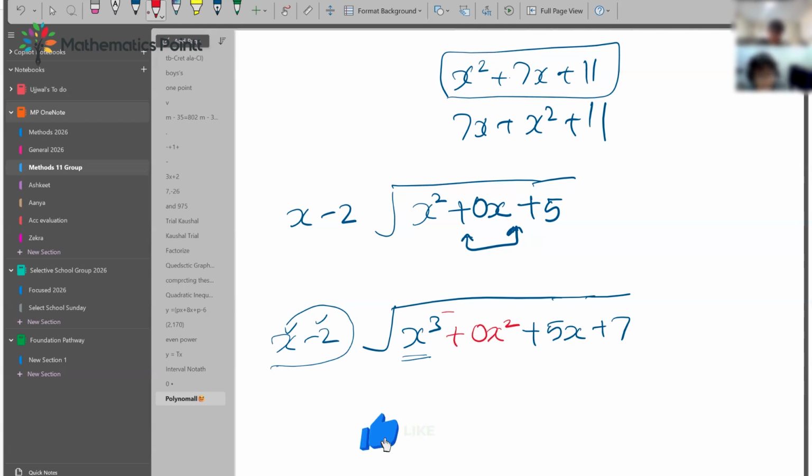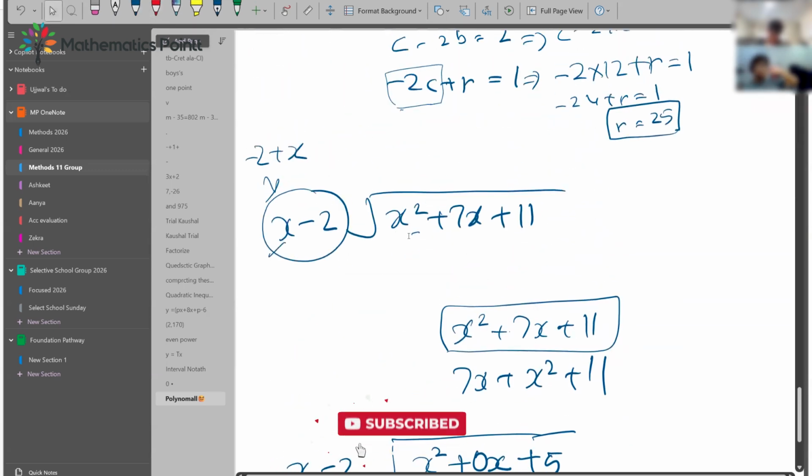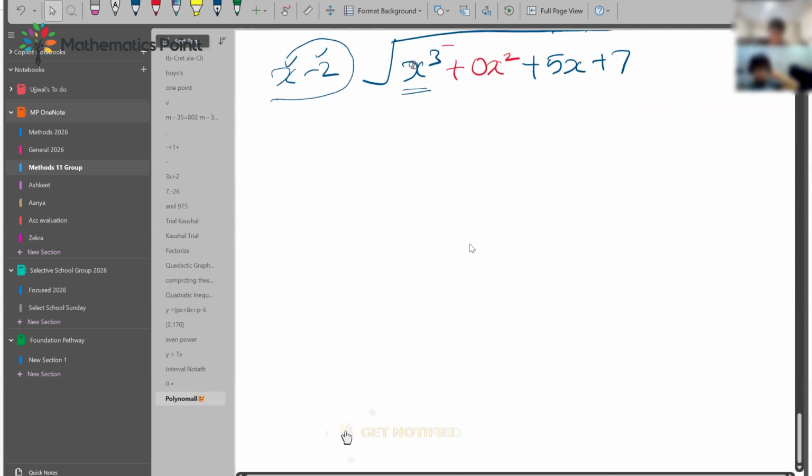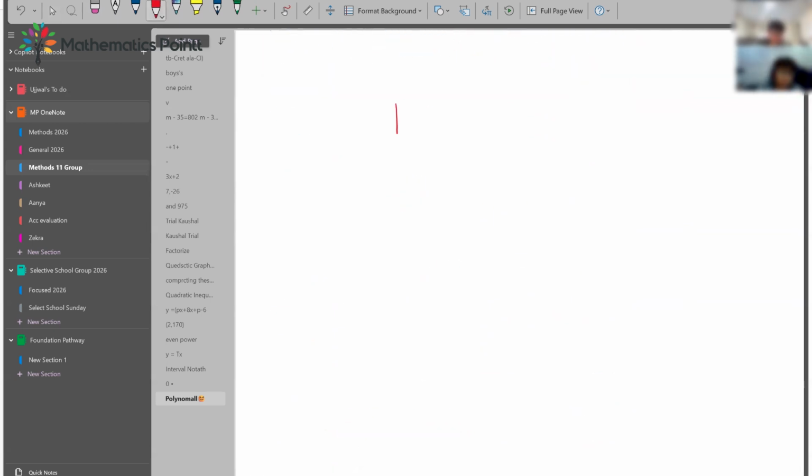That's number one. With that in mind, let's quickly do this one: x squared plus 7x plus 11 divided by x minus 2. Okay. Has the school picked this one up yet?